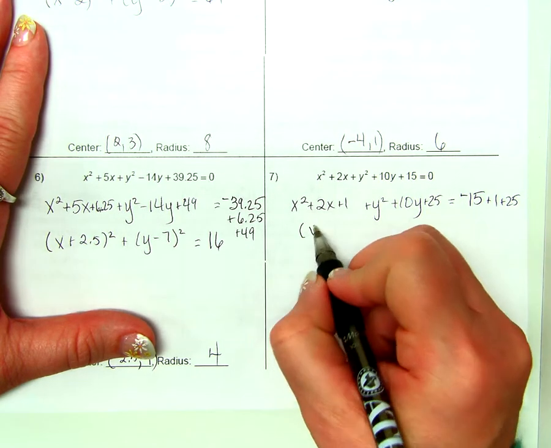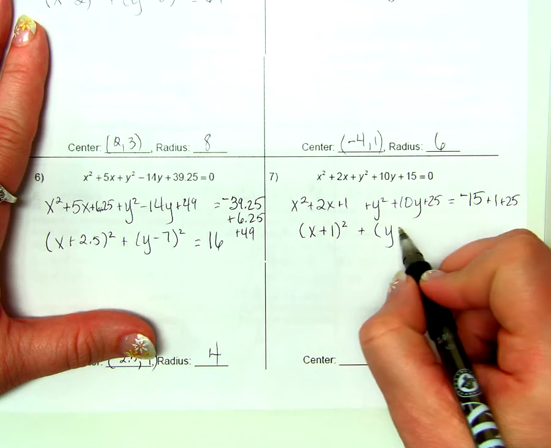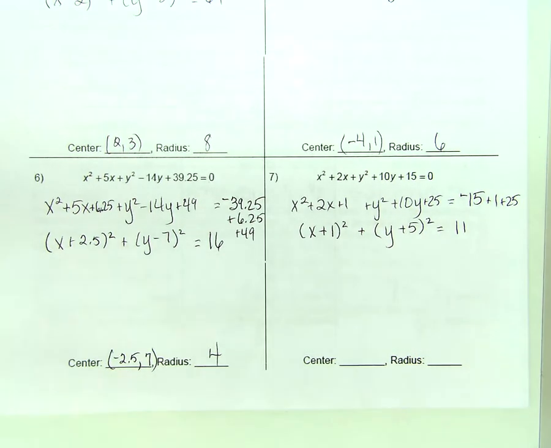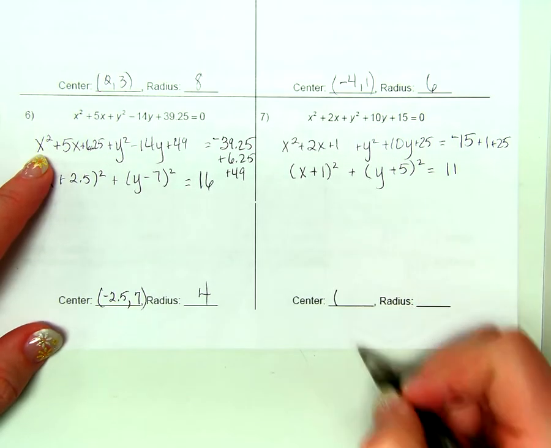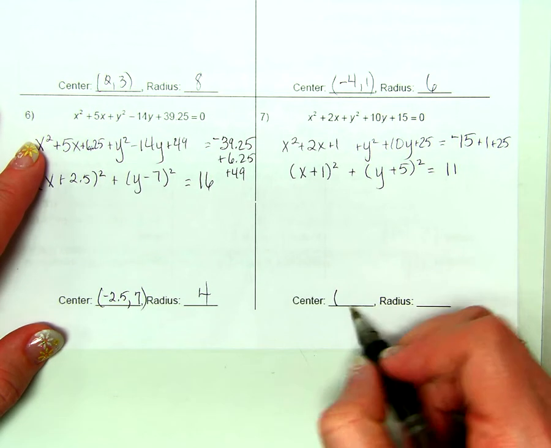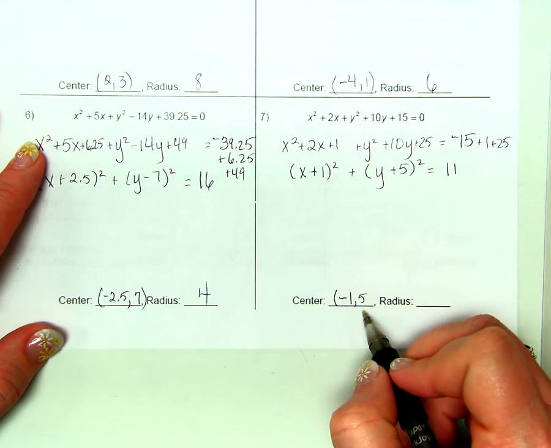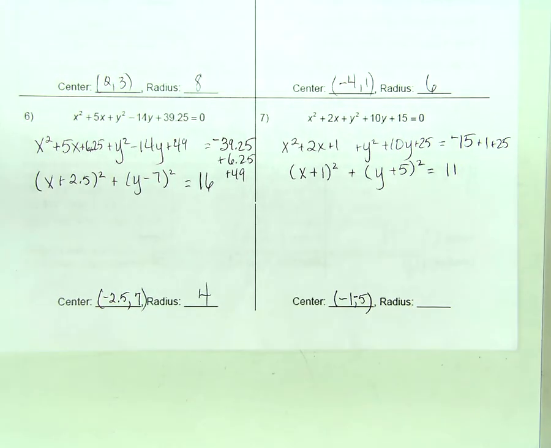That gives me a binomial that's (x + 1)² and another binomial that's (y + 5)² = 11. So where's my center? (−1, 5). −5 or +5? Oh, −5. Oops.